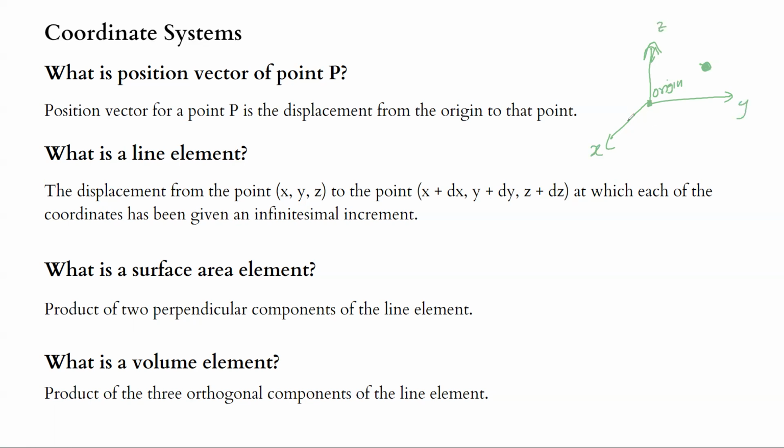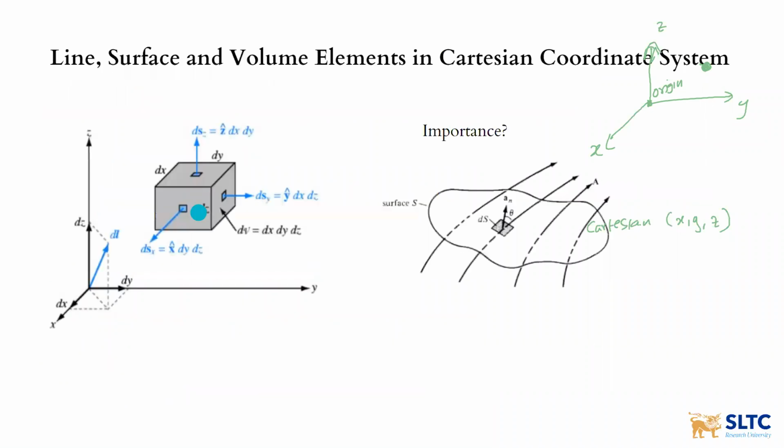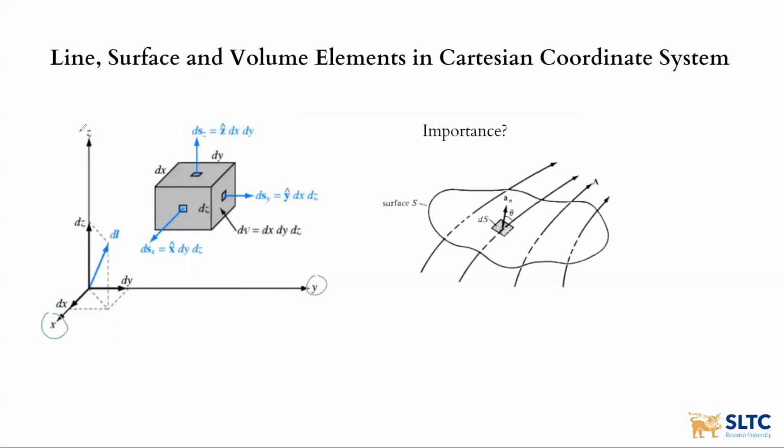So with reference to the origin, we can find the position of a certain object. This is very important for us, and therefore we have different types of coordinate systems that we will be considering. We have Cartesian coordinate systems, which use x, y, z.